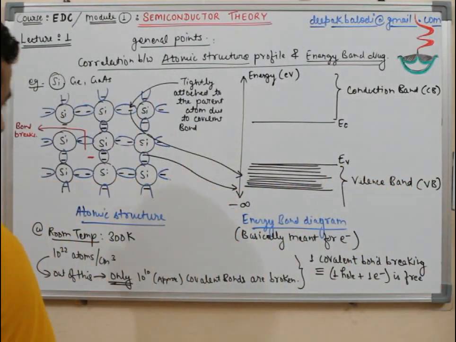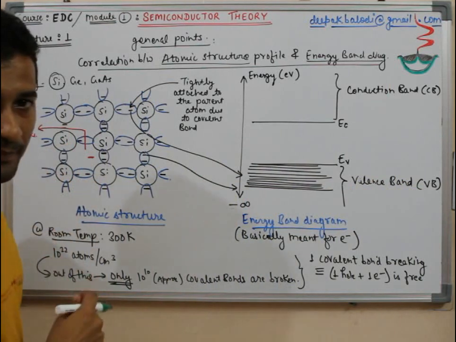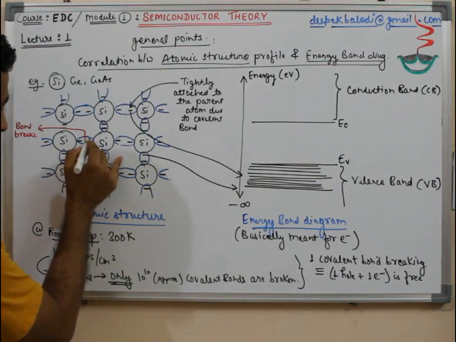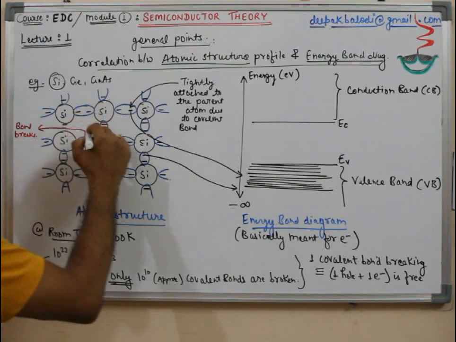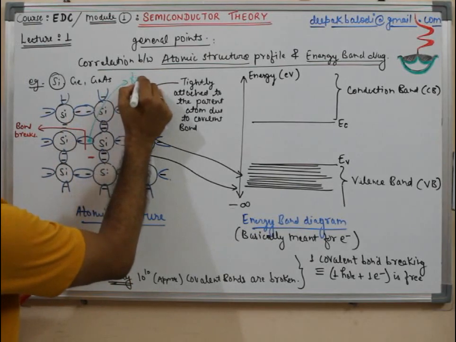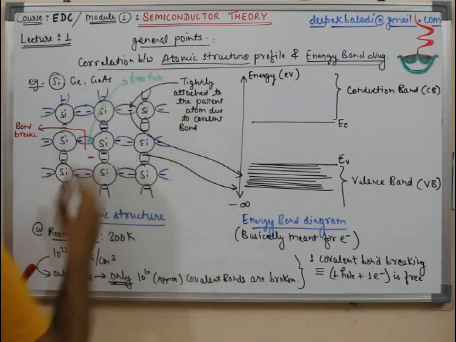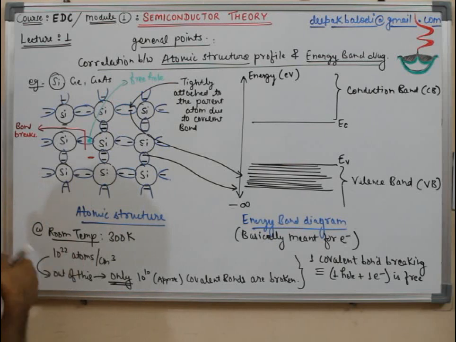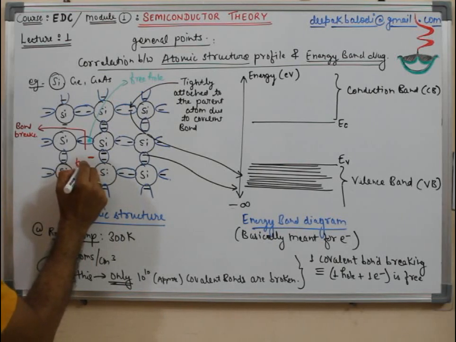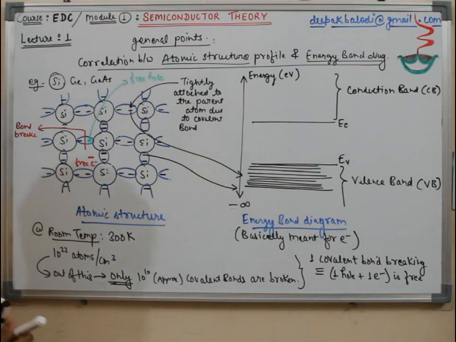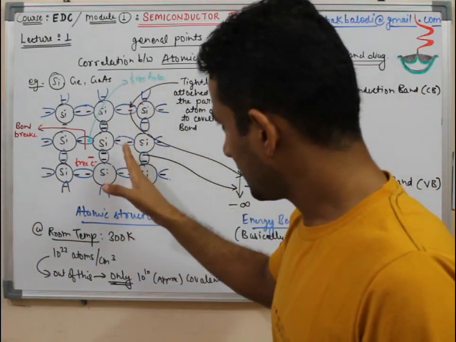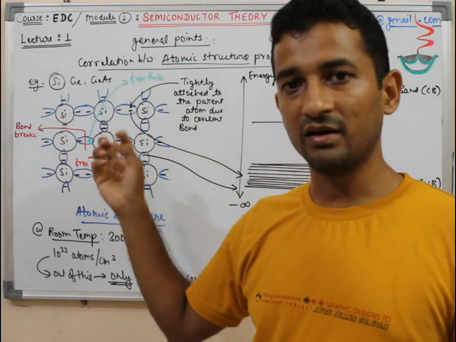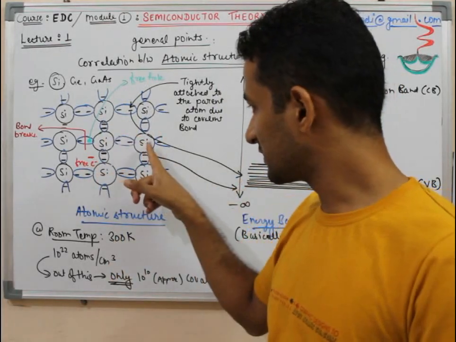When it comes out of the covalent bond sharing, the vacancy created here is called a free hole, and this is called a free electron, obviously.